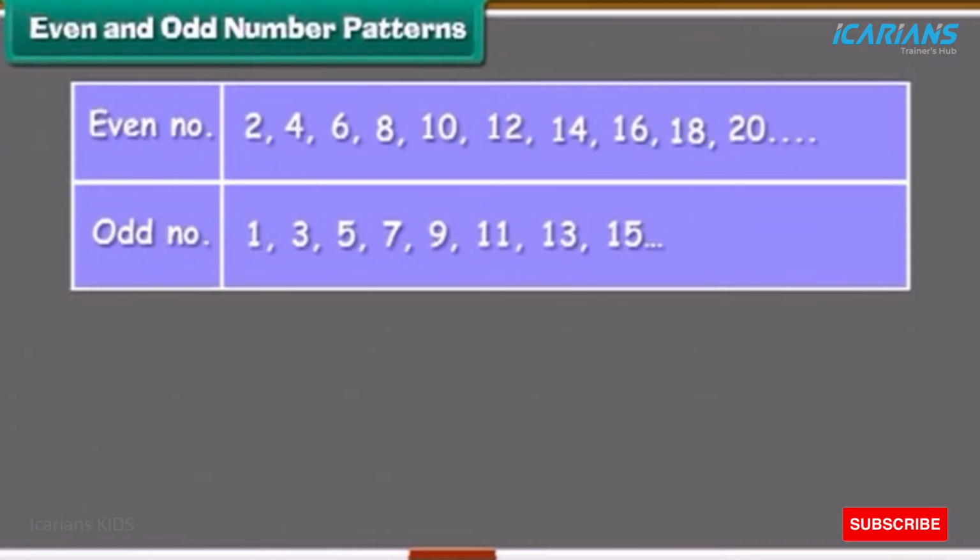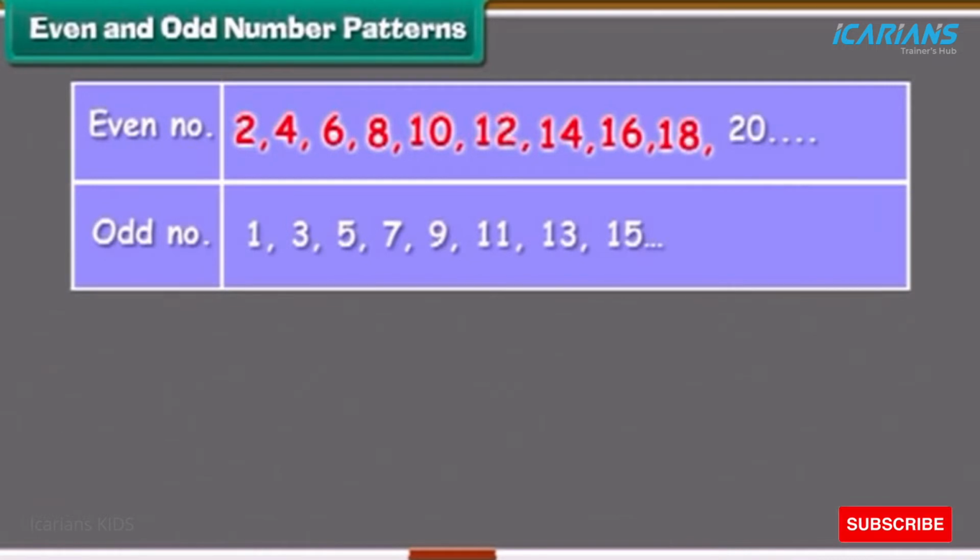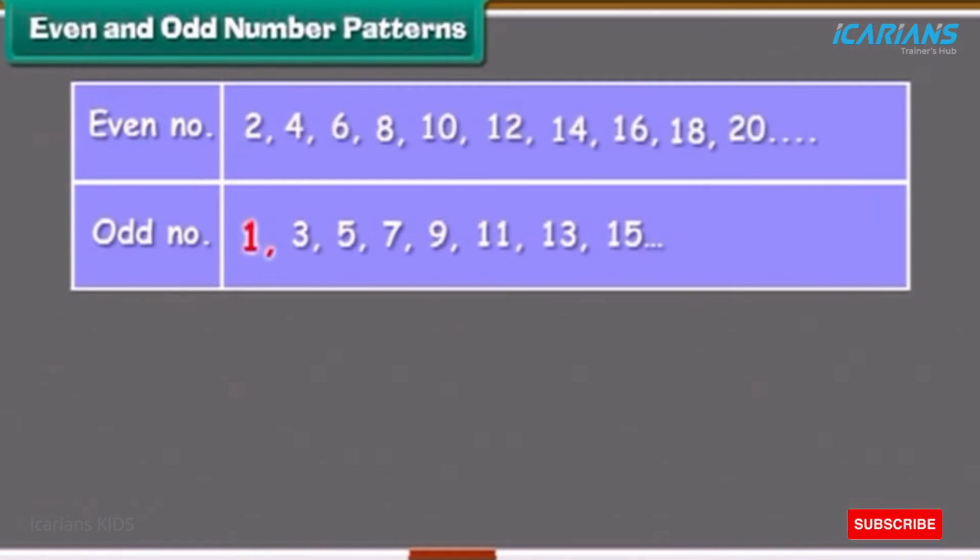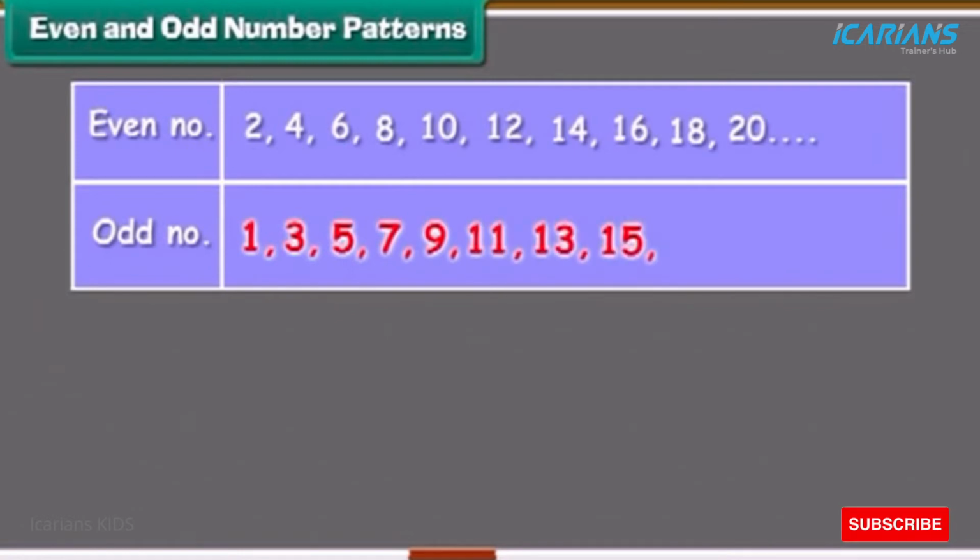Look at the numbers given here. 2, 4, 6, 8, 10, 12, 14, 16, 18, 20, and so on. 1, 3, 5, 7, 9, 11, 13, 15, and so on.